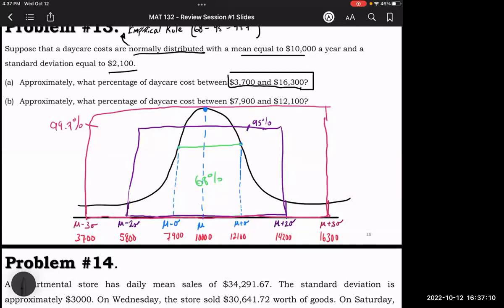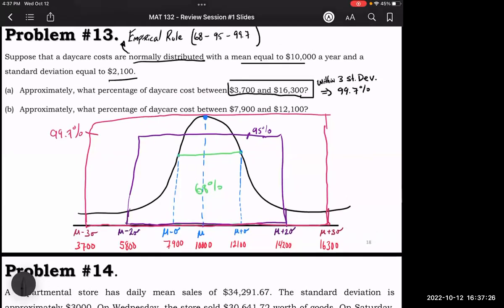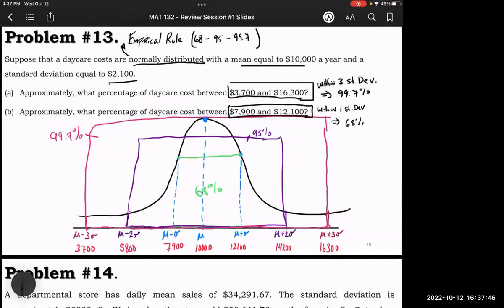So within 3 standard deviations, the percentage by the empirical rule must be 99.7. On the other hand, if you have 7,900 to 12,100, how many standard deviations are you within the mean? 1. You're within 1 standard deviation, so that would be 68%.